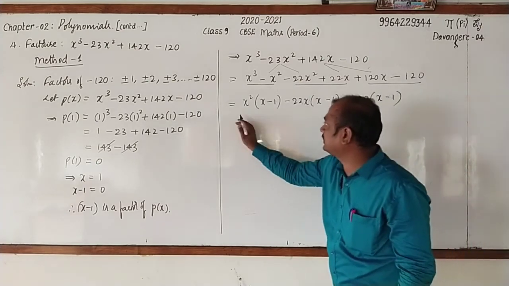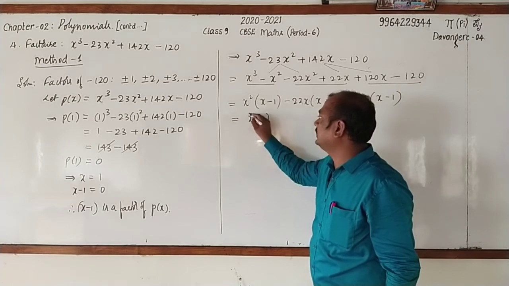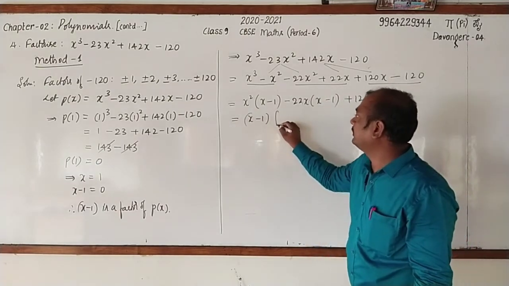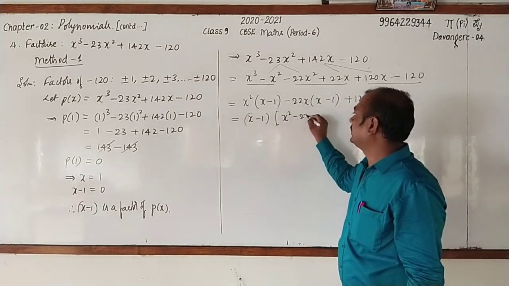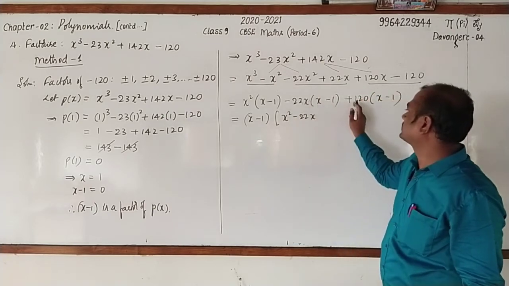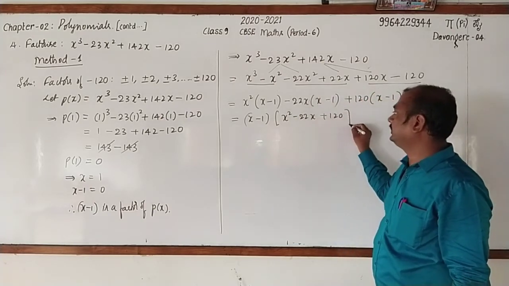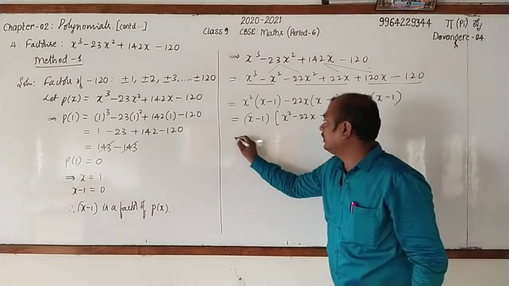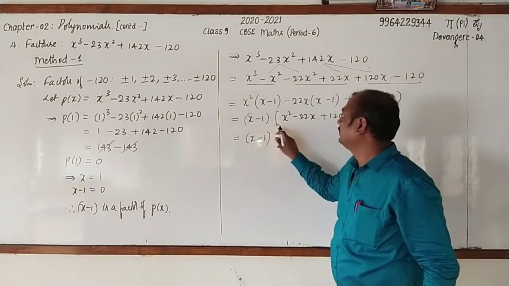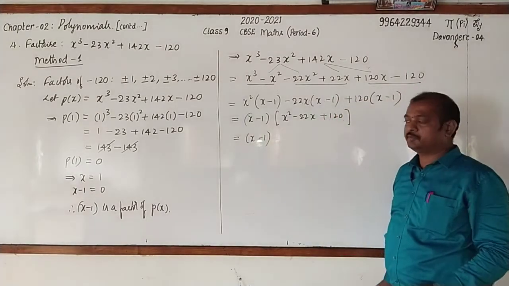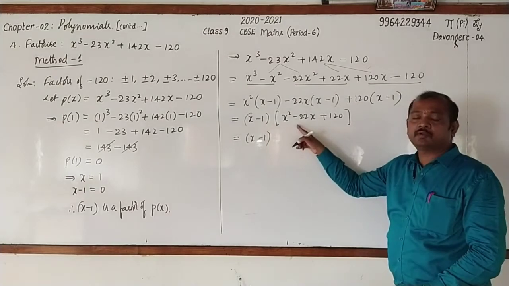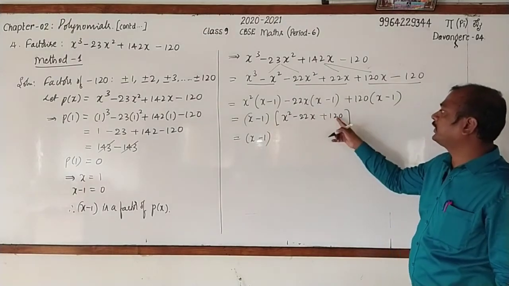In the whole statement, x minus 1 is common factor. Remaining x square minus 22x plus 120. Clear? Now, x minus 1, you have to factorize this one. Here, see that we have got a quadratic polynomial. How to factorize this?